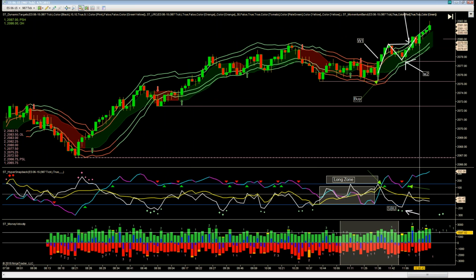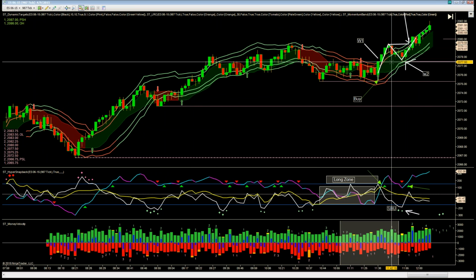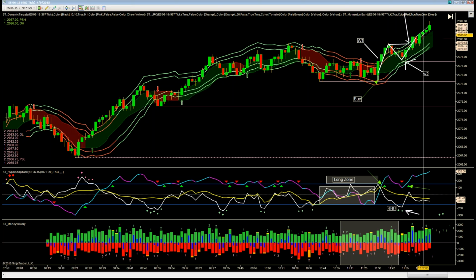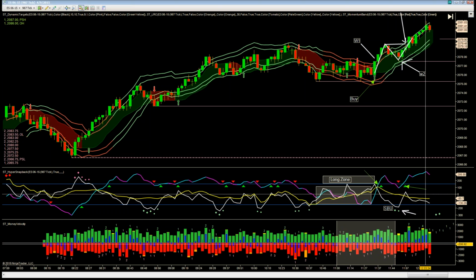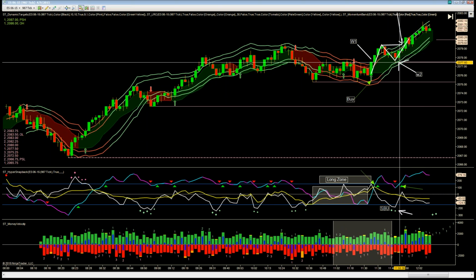So very, very cleanly, you're riding the top of our trend study, which is the green here, and that's going to show that there's momentum building. You can see the money still being injected. Also, we were at the bottom two of the LRC.